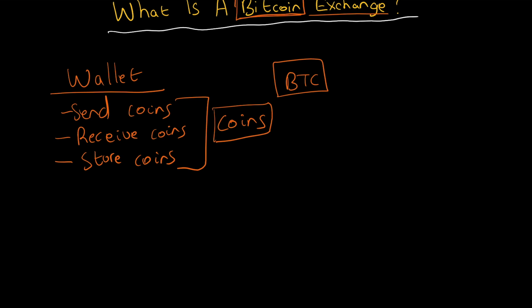You can't use your wallet to actually get hold of Bitcoins, because again, your wallet, you can think of it just like your physical wallet. What's in there, that's fine. But if you want to, let's say, convert that to something else, you need somebody to facilitate the exchange process. So that's what an exchange at its core is.